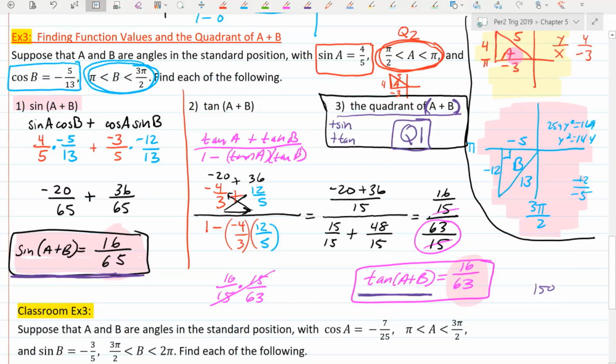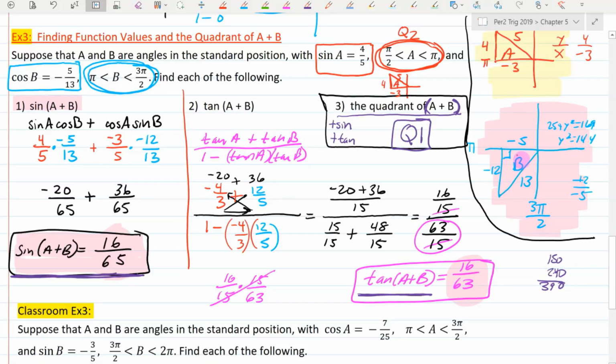We can actually figure out that angle, by the way. How could you figure out that angle? You would use inverse. You would figure out this angle, then you would know how far away it is from the x-axis, and then you could figure out that angle. But anyway, let's say I just put a guess up there, 150, and then say this one was 240, and then we've got 390.